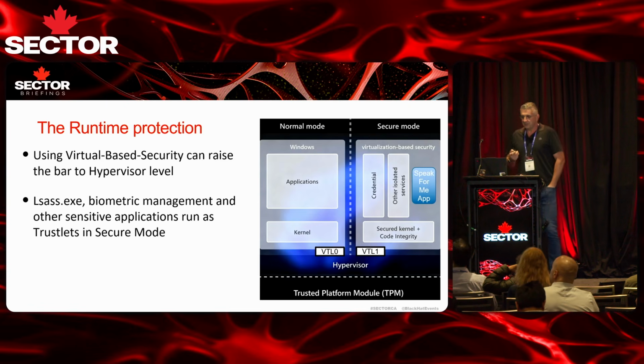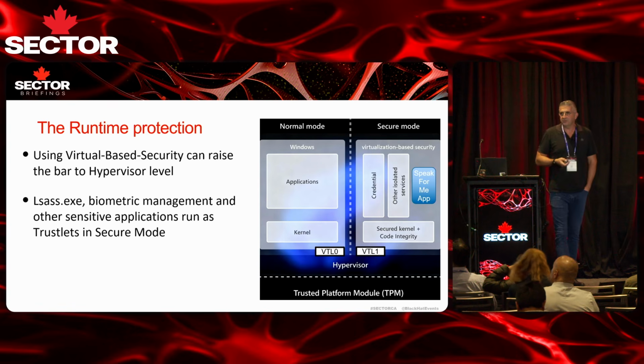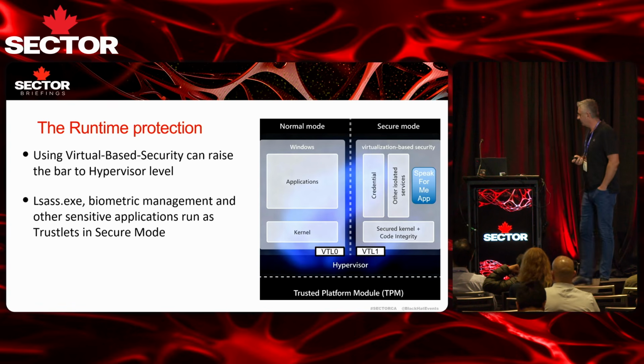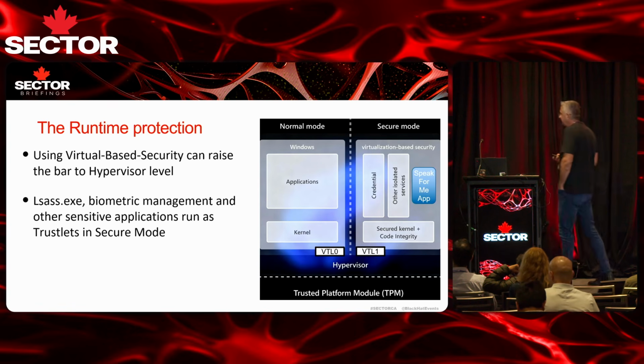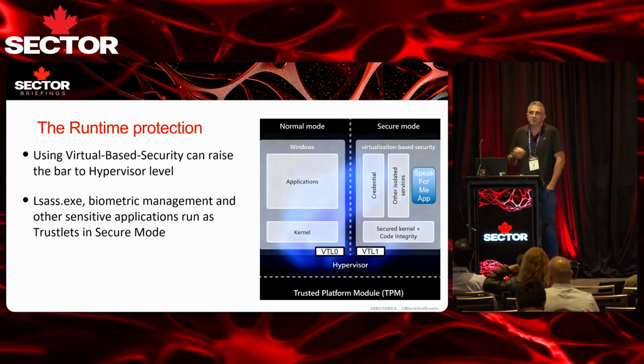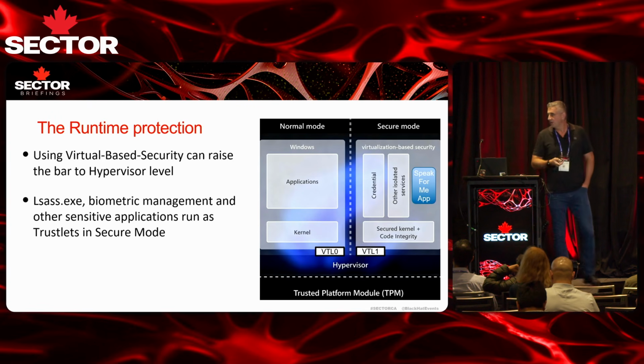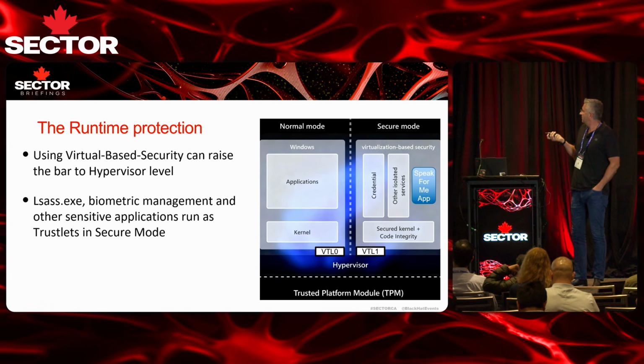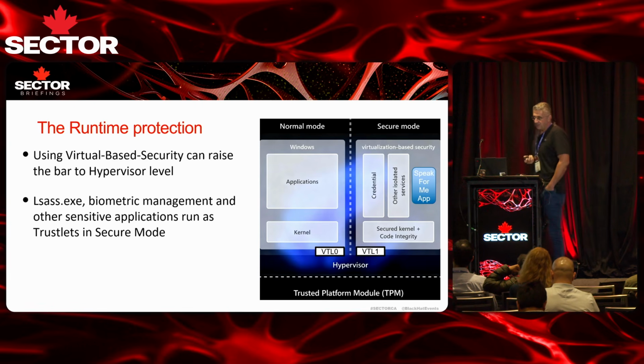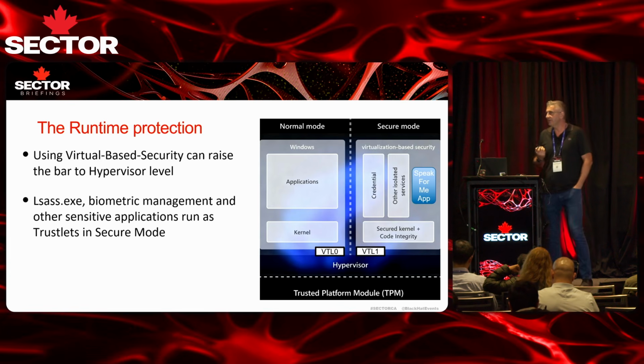So basically, since 2024, anyone could use the VBS enclave SDK and write their own trustlet that will run inside VTL1 in secure mode. So what we can do is place the Speak For Me app inside VTL1, and it will give you hypervisor-level protection.